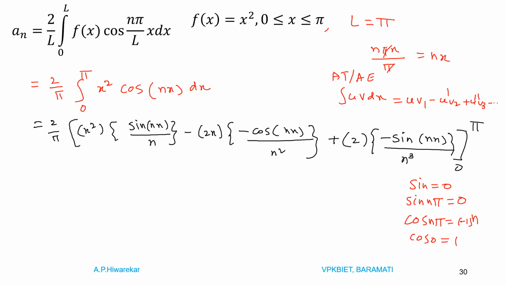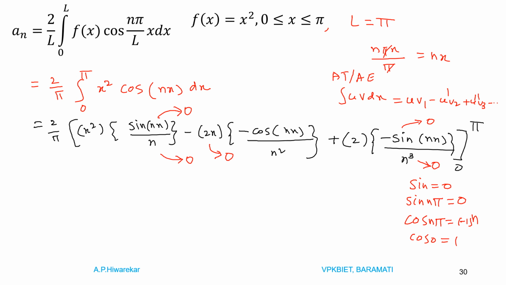Now if you look at the first term, when we apply the upper limit, sine of n pi is 0, that's why this term becomes 0. Due to sine 0, this term becomes 0. So the first term for upper as well as lower limit becomes 0. And in a similar way, the last term, sine of n pi is 0, sine of 0 is 0, that becomes 0.